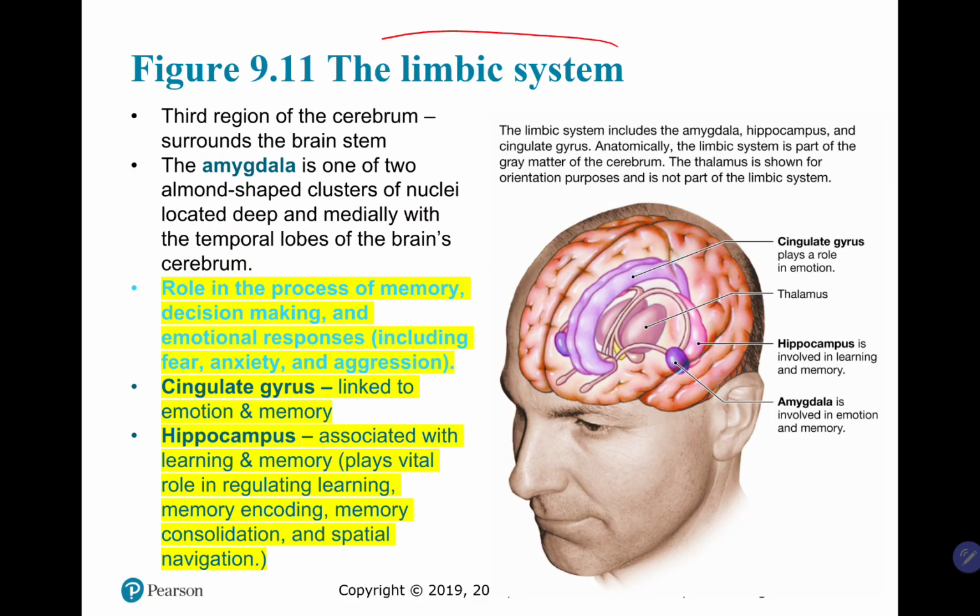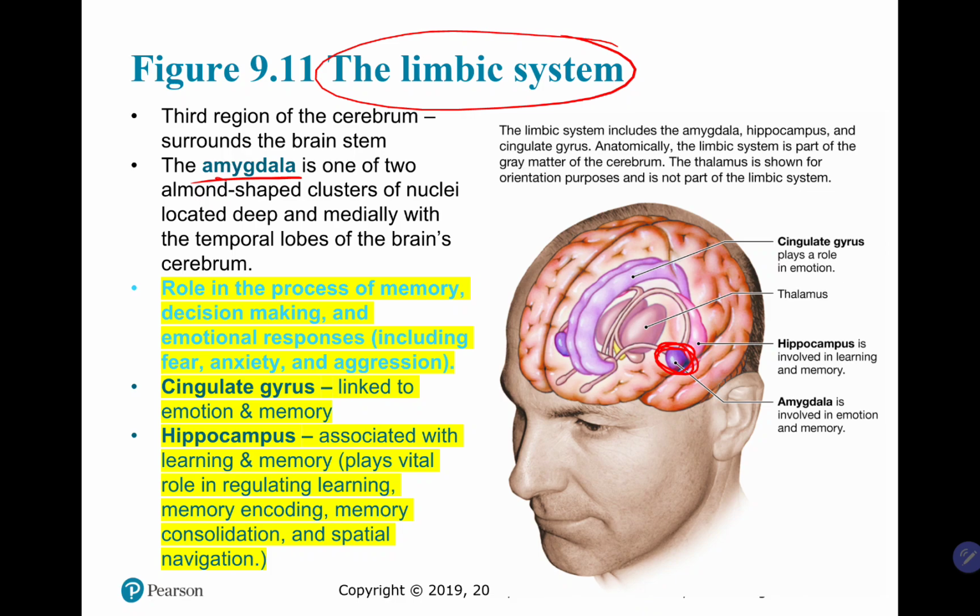Now, when we're looking at the limbic system, and I'll come back to the other ones for a second, the limbic system is the third region of the cerebrum. It surrounds the brainstem, and it contains structures such as the amygdala, which is one of those almond-shaped structures. It has a role in processing memory, decision-making, and emotional responses, including fear, anxiety, aggression, things like that.